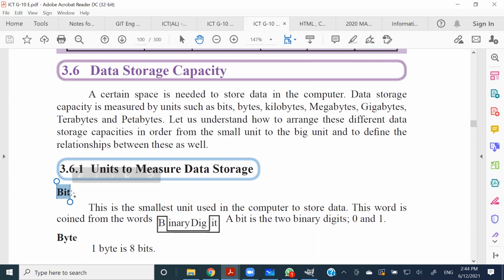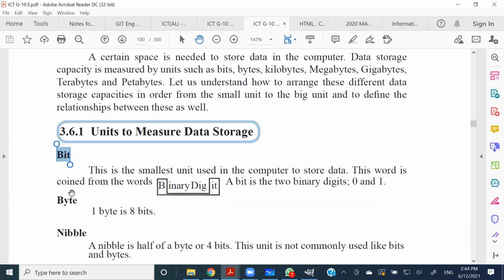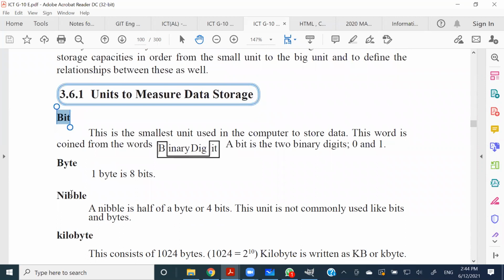So the bit is the smallest capacity unit in the computer. The smallest unit we call a bit. A bit represents a 1 or a 0 inside our computer, right? So when 8 bits are together, it creates 1 byte. So 1 byte consists of 8 bits.